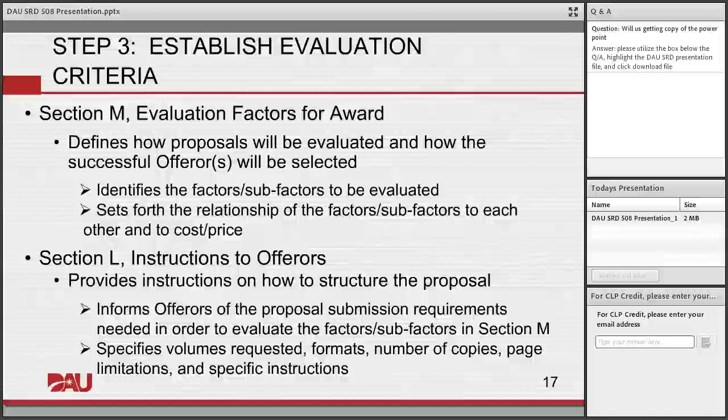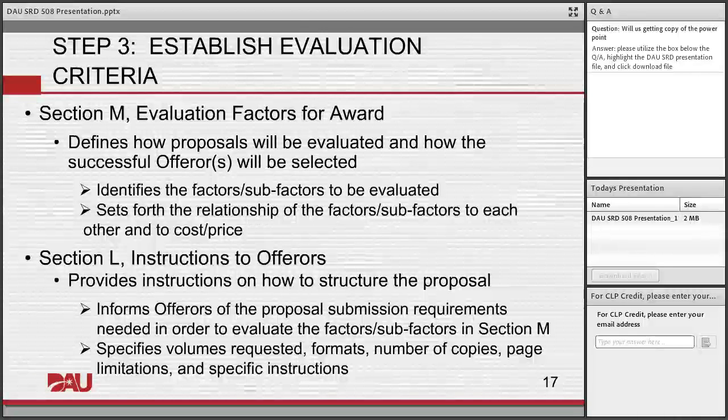So in order for us to do that, we need to go into establishing our evaluation criteria. So this is stated in Section M of your RFP, and that's basing it on the uniform contract format, of course. Section M are the evaluation factors for award. How do we determine what is the best evaluation criteria for us to determine what is that perfectly baked cookie in this area?